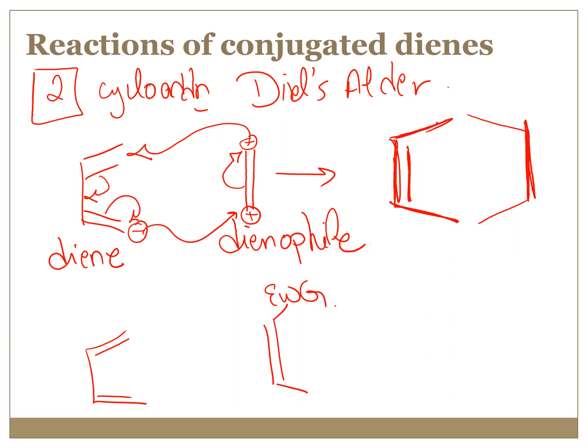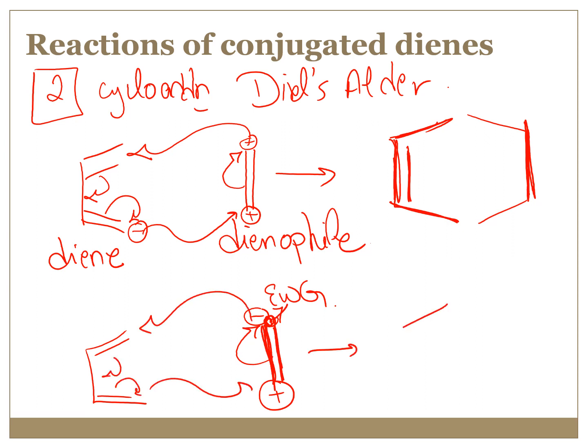If you have an electron withdrawing group, it facilitates the accumulation of electrons on this carbon because it attracts electrons towards itself, so the carbon attached to them will attract the electrons of the double bond towards itself, facilitating such a reaction. So whenever you have an electron withdrawing group on your dienophile, this facilitates such a reaction.